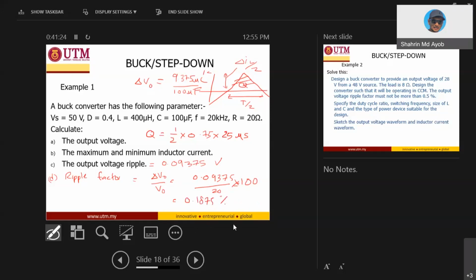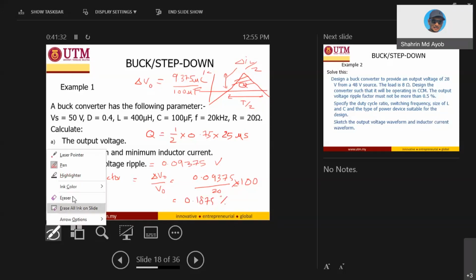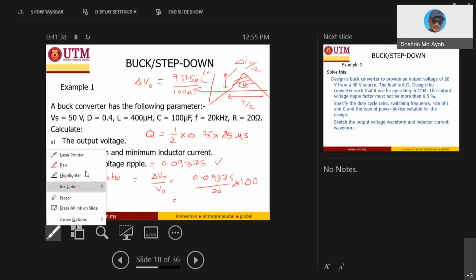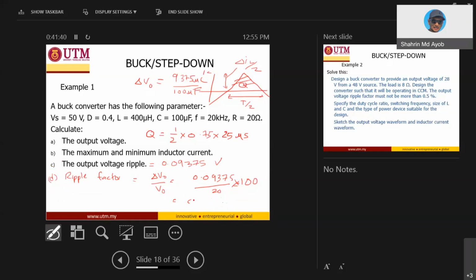Betul ke? Ha? Kosong point 468. 0.468%. So very small, meaning that the ripple is very small.